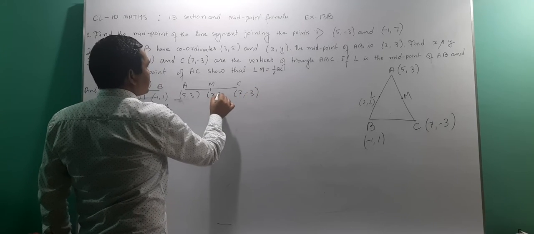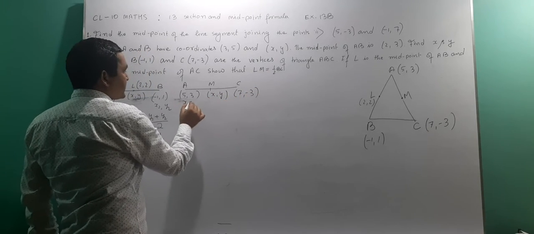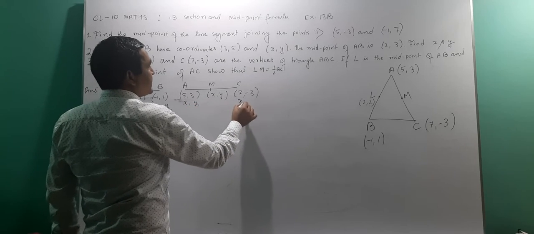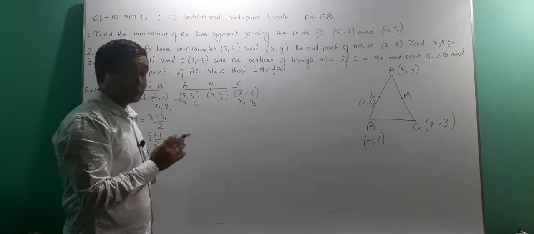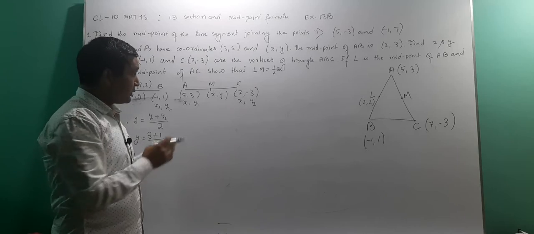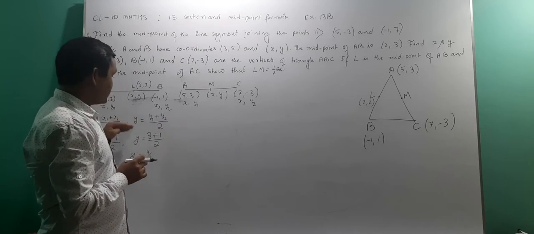M is (x, y); this is always (x1, y1) and this is (x2, y2). Always use the capital letters. Now let's do it directly, the same thing.